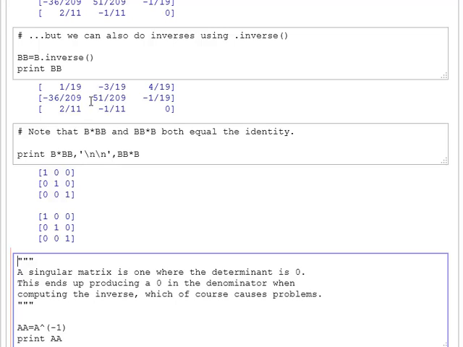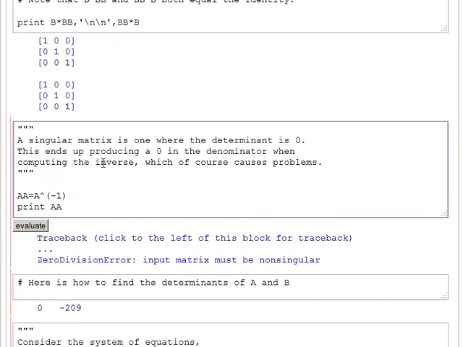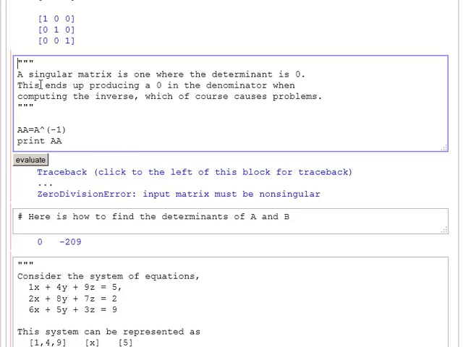So if you have a matrix which is singular, whose determinant is 0, it's a matrix that collapses, for instance, 3-dimensional space down to 2 or 1 dimensions. And so that's a case where you can't work with it. If it's a singular matrix such as A, you try to do the inverse, it gives you this error message.